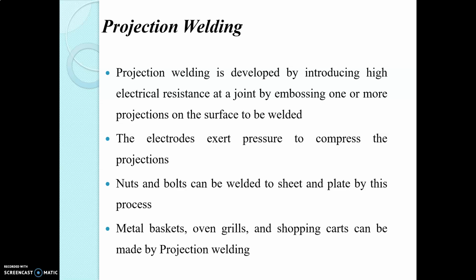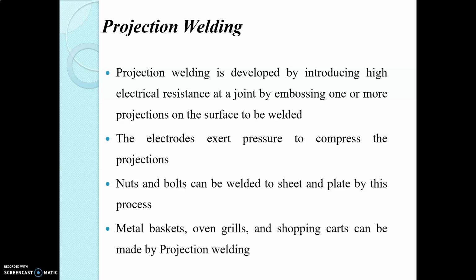This process is used for crosswise welding and for parts where ridges are produced by machining, and it is most suitable for large quantity production. Some of the main advantages of projection welding over spot welding are: it is a quick process and a number of welds can be made simultaneously.